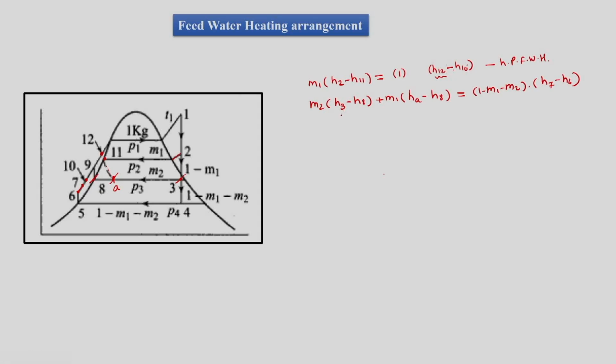And then we have to say that the pump WP2 will be handling two masses, which is M1 plus M2, and it is basically pumping them from 8 to 9, and then we have M1 plus M2 at state 9 mixing with 1 minus M1 minus M2 at state 7, and then we have H10. Okay, this is how we will have to calculate.